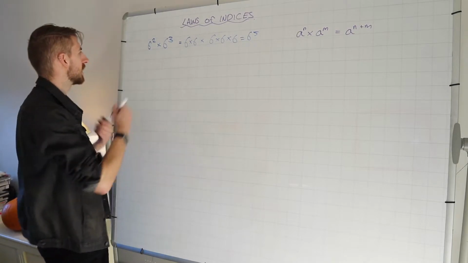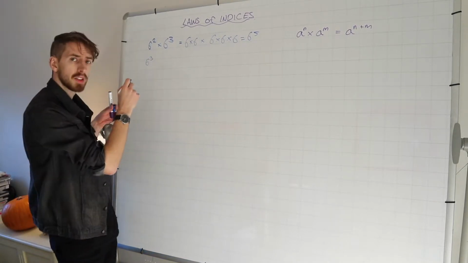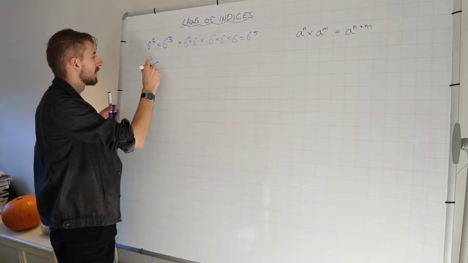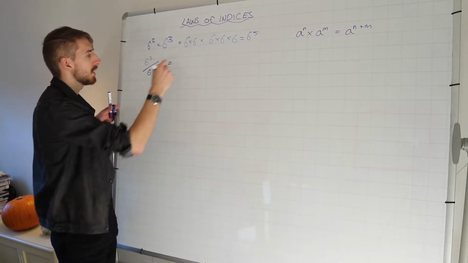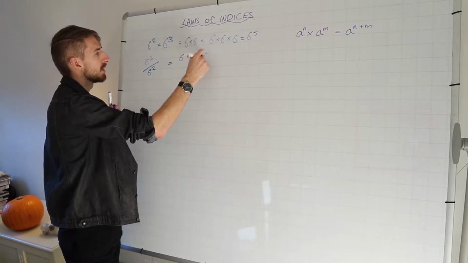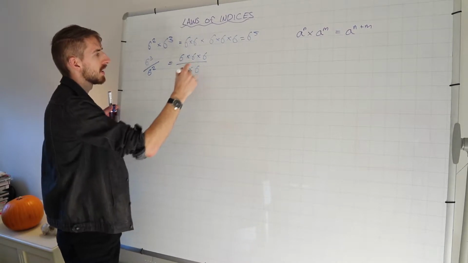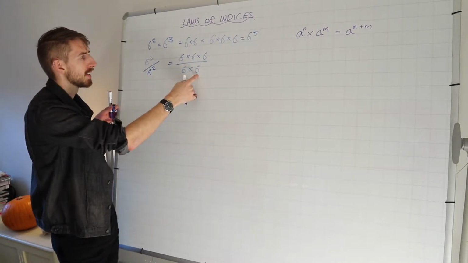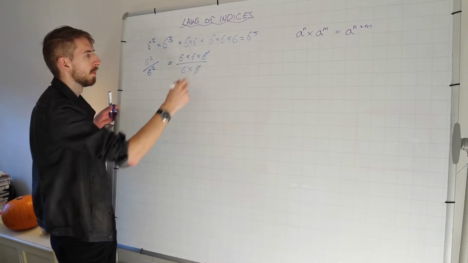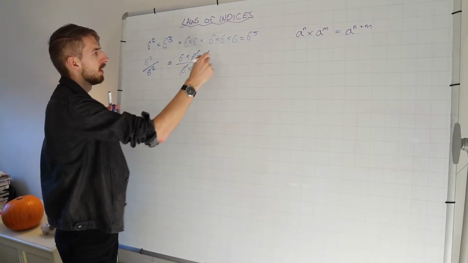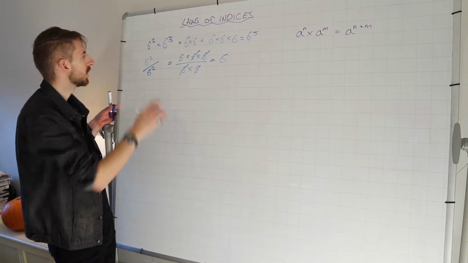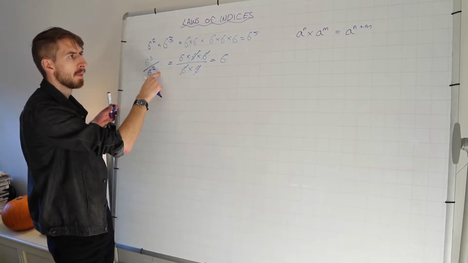But what if you're dividing? What if you say I have 6 to the power of 3 divided by 6 to the power of 2? This is 6 times 6 times 6 divided by 6 times 6. Well, if you times by 6 and then divide by 6, may as well just cancel them out. Likewise for that one. This is just 6, which is 3 minus 2.